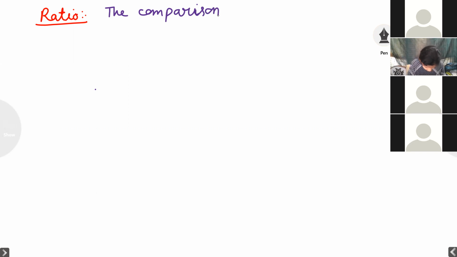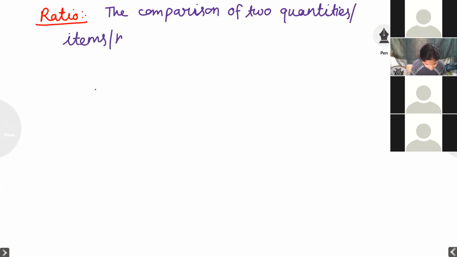Check the spelling of comparison: COMPARISON, not SION. The comparison of two quantities or items or numbers are called ratio.